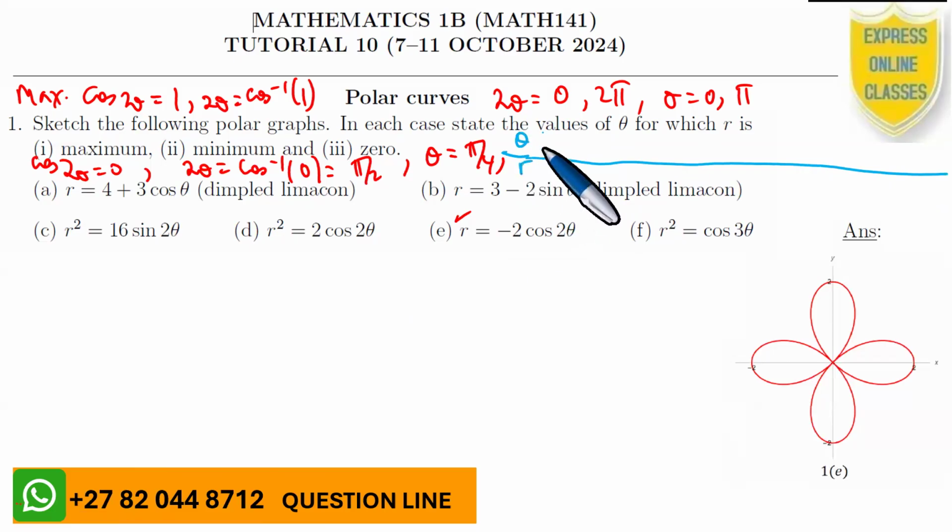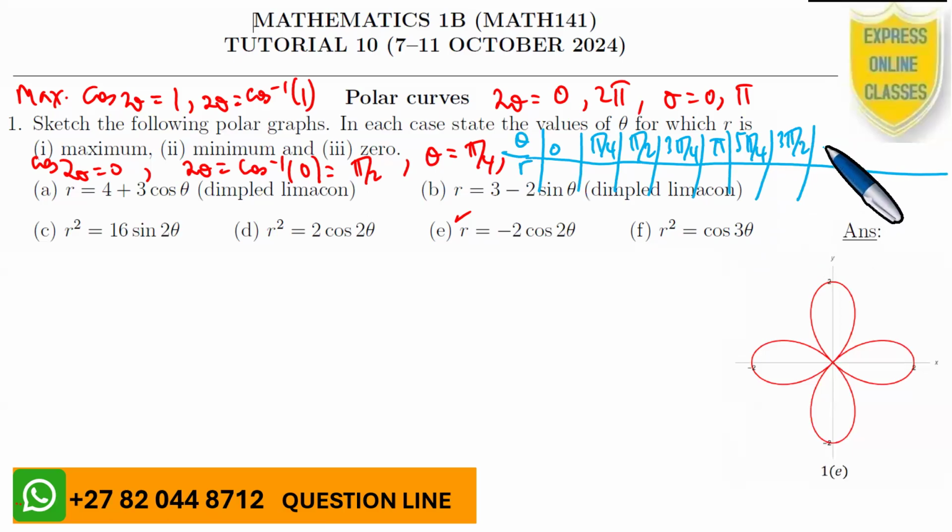So you have theta r, and then you have pi over 4, pi over 2, 2 pi over 4, 3 pi over 4, 4 pi over 4, 5 pi over 4, 6 pi over 4, 7 pi over 4, 8 pi over 4.